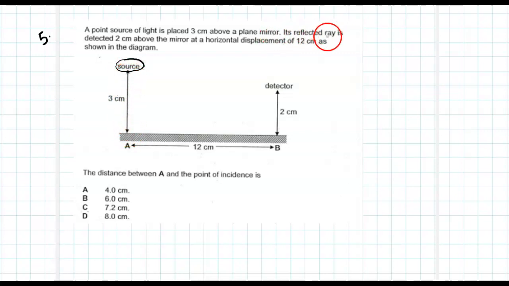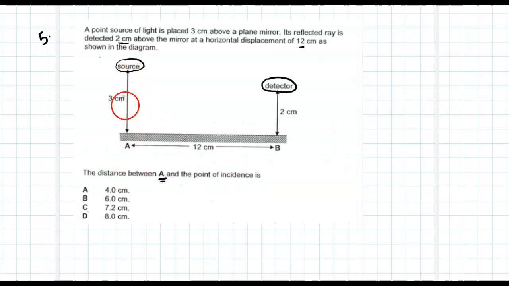Its reflected ray is detected 2 centimeter above the mirror at a horizontal displacement of 12 centimeter. Here is the detector which can detect the light from the source like this. The question is the distance between A and the point of incidence.